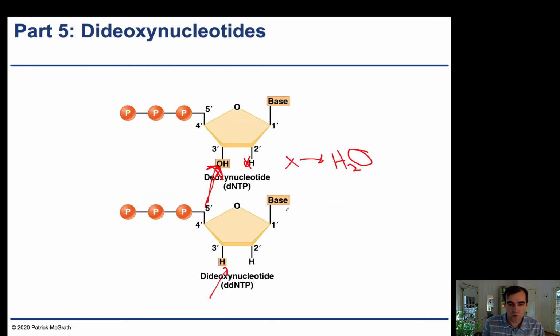We go over this in more detail in the activity, but the idea is that you can make specific nucleotides, and I'm referring to the N here, that are dideoxy in nature.